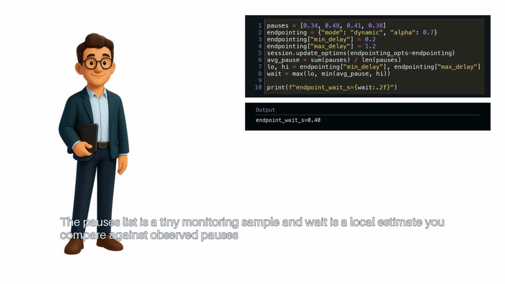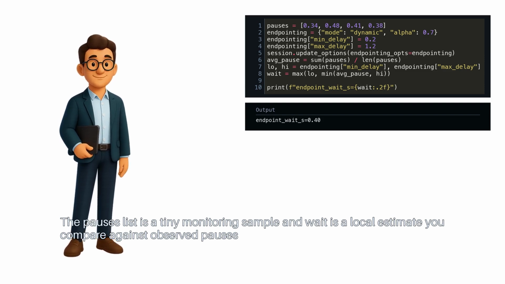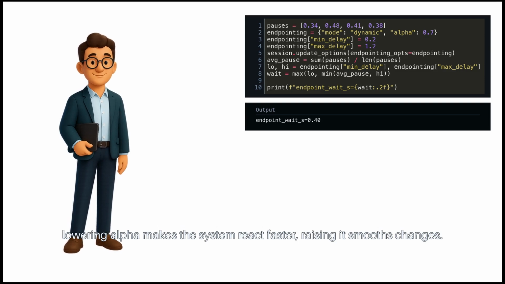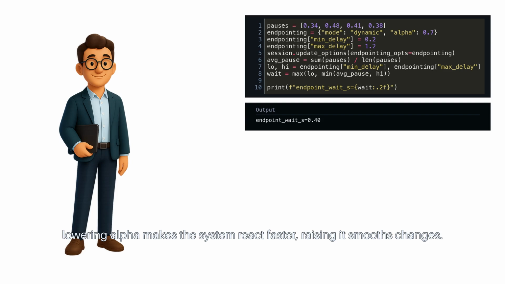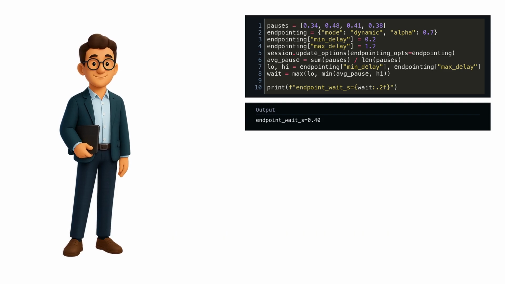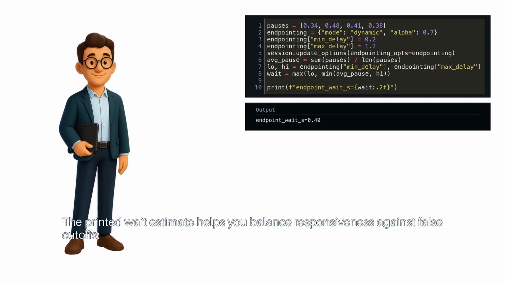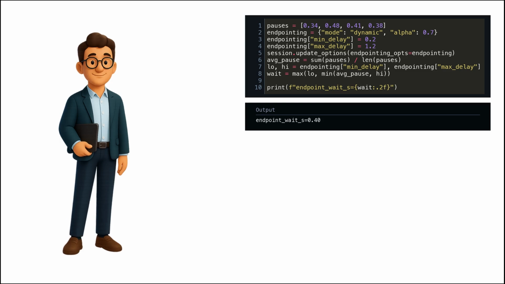The pauses list is a tiny monitoring sample, and wait is a local estimate you compare against observed pauses. Lowering alpha makes the system react faster. Raising it smooths changes. The printed wait estimate helps you balance responsiveness against false cutoffs.